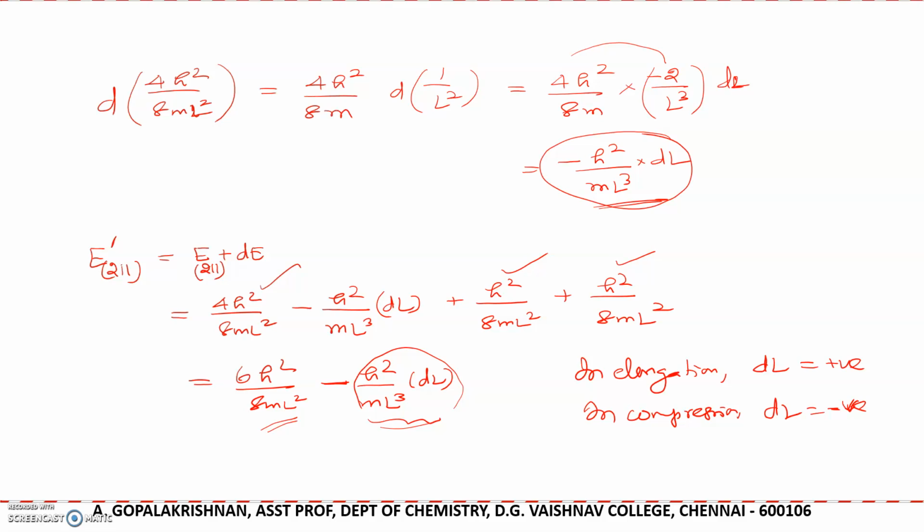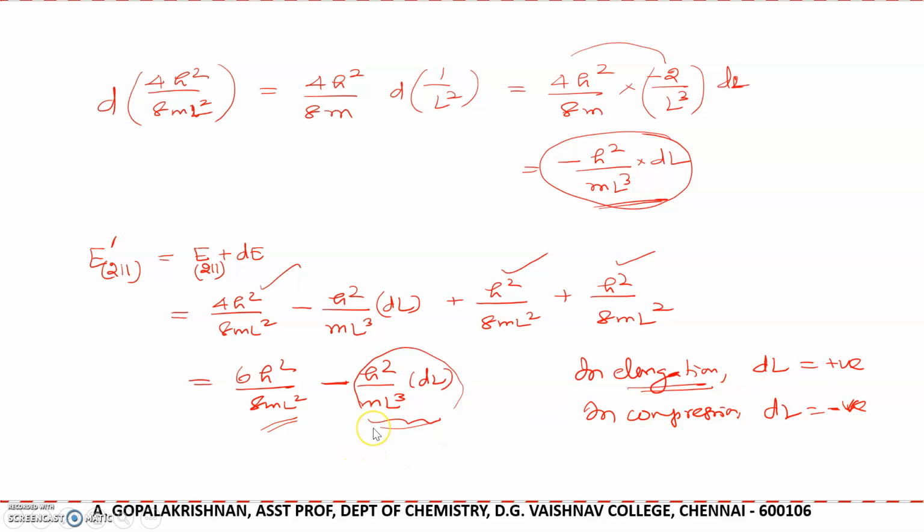We all know that most molecules try to go to a more stable state, so in order to attain a more stable state, they try to reduce the energy. That's why in most examples of Jahn-Teller distortion, elongation is the common one. So this is the new energy of the 2-1-1 state.